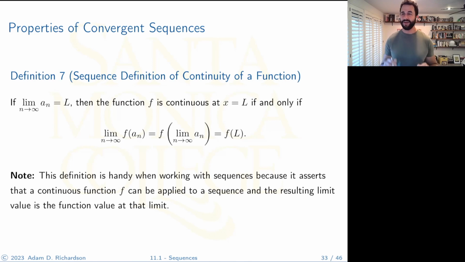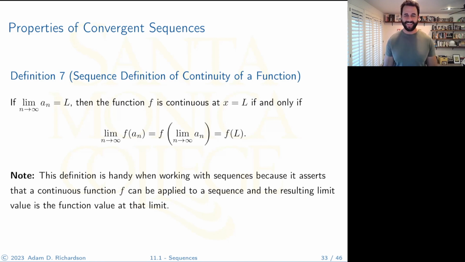Like this one. So this is the sequence definition of continuity of a function. This is another way of defining continuity of a function. If the limit of a sequence as n goes to infinity is the number L, then the function f is continuous at x equals L if and only if the limit of the function evaluated at the sequence is equal to f of L, the function evaluated at the limit.